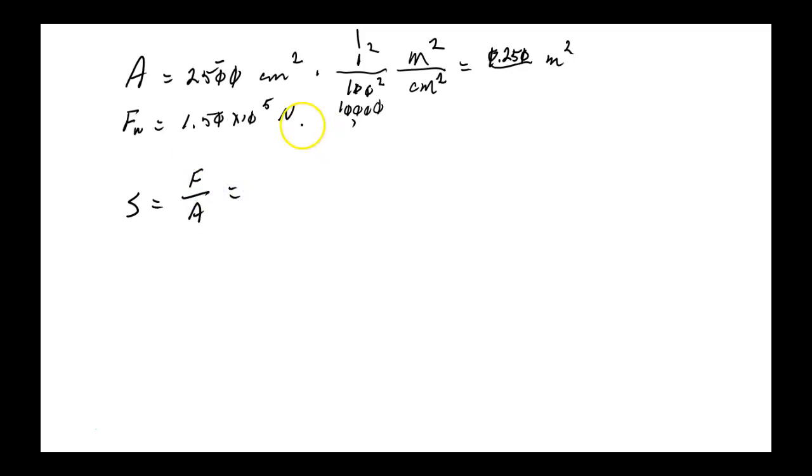And what's your force? 1.50 times 10 to the 5 newtons. And we could write this in scientific notation, but actually it's probably just as good to write like this, over 0.250 square meters.